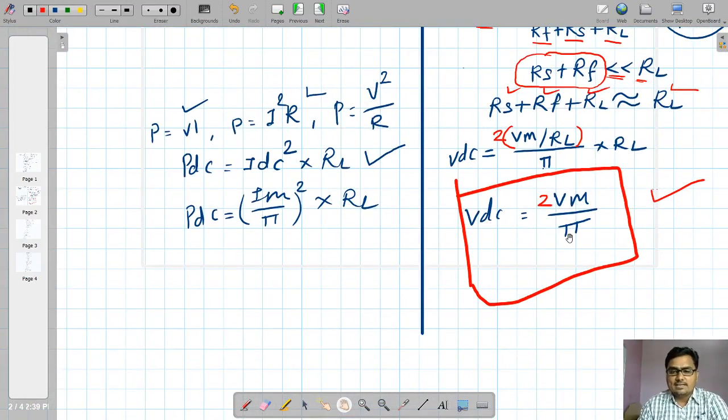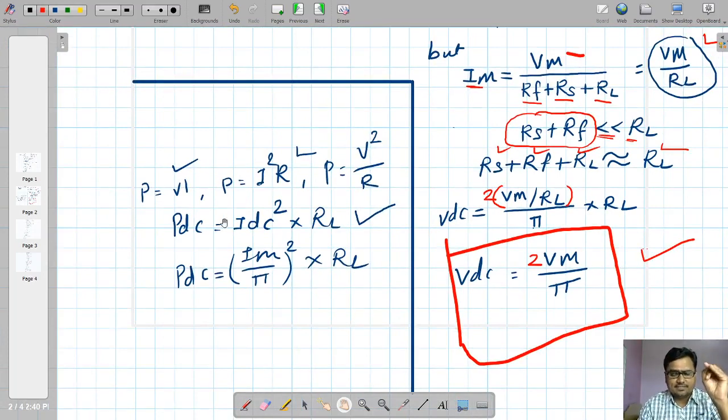Now as we are done with the DC current and DC voltage, let's find out the DC power. Basic equation for power: P is equal to VI. You can use P is equal to VI, or P is equal to I square R, or another form, P is equal to V square divided by R. Use any form, no problem.